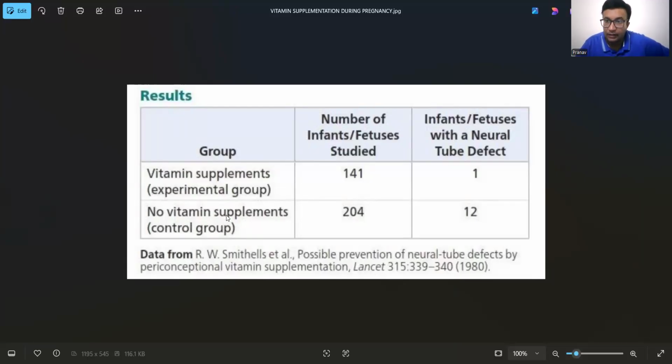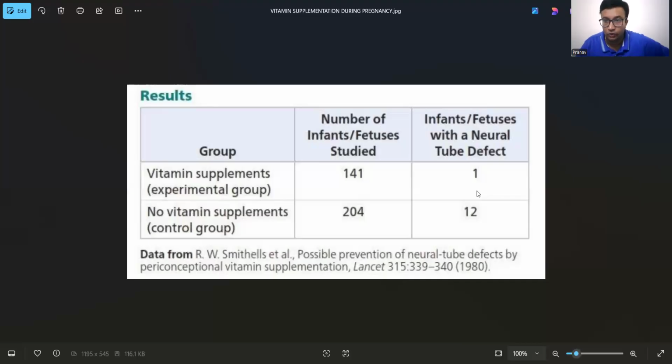And when vitamin supplementation was not given, that group of pregnant mothers was called the control group. Those are also mothers who had already undergone one or two pregnancies or having one or two babies. So here, the number of infants or fetuses studied were 204, and astonishingly, 12 infants or fetuses developed neural tube defect.